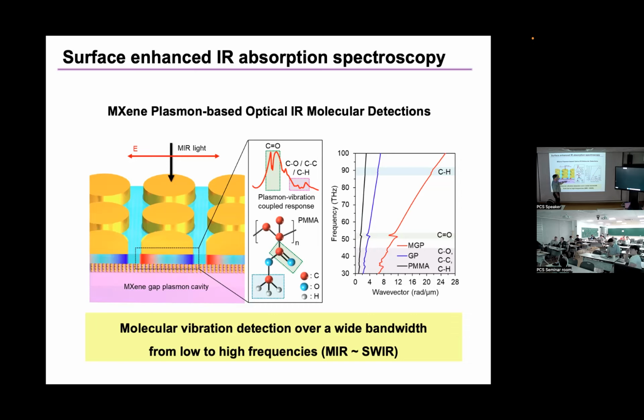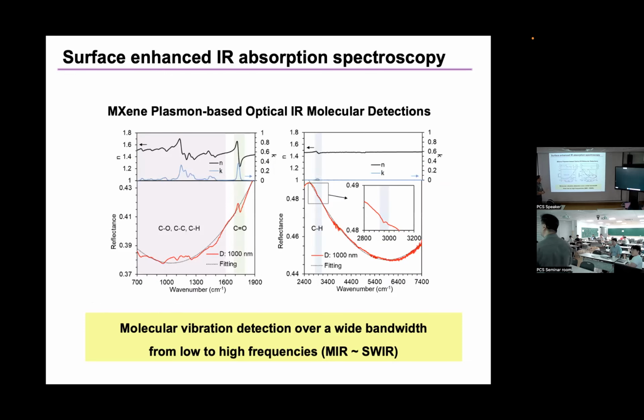The PMMA polymer layers have several vibration frequencies like that. So if we use the MXene gap plasmon, we can more clearly see the molecular vibrations of PMMA or any other materials within a very large, broad range.